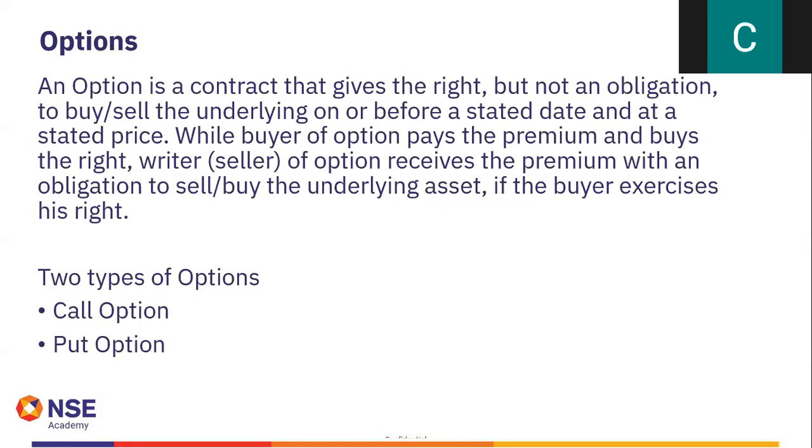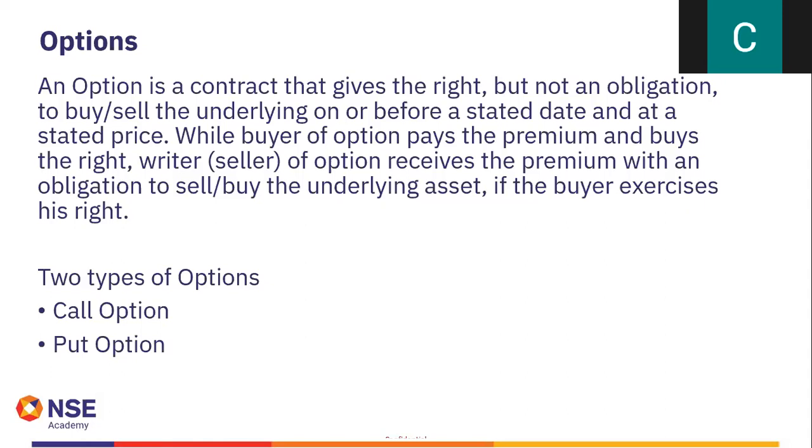You pay something called a premium to the insurance company, and you are buying a right from the insurance company. What is that right? In case something happens to your car, be it theft or any damage or any other loss to your car, or say a minor accident, you will have the right to claim such money from the insurance company.